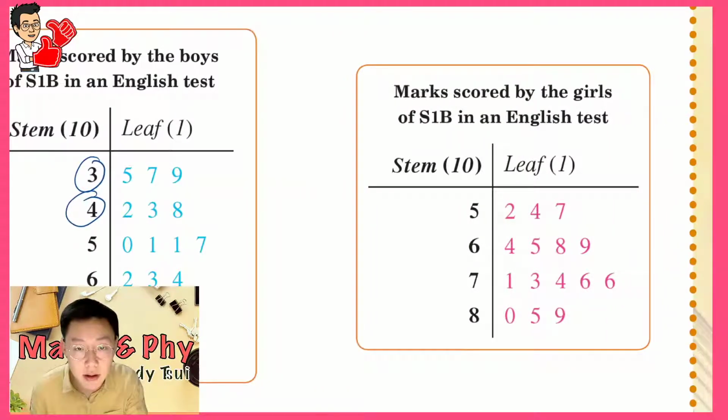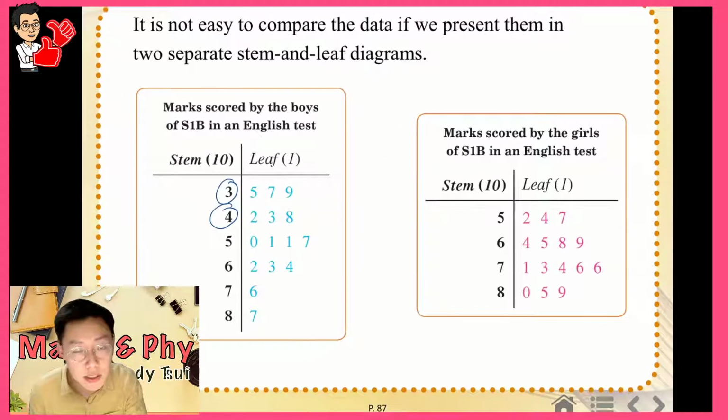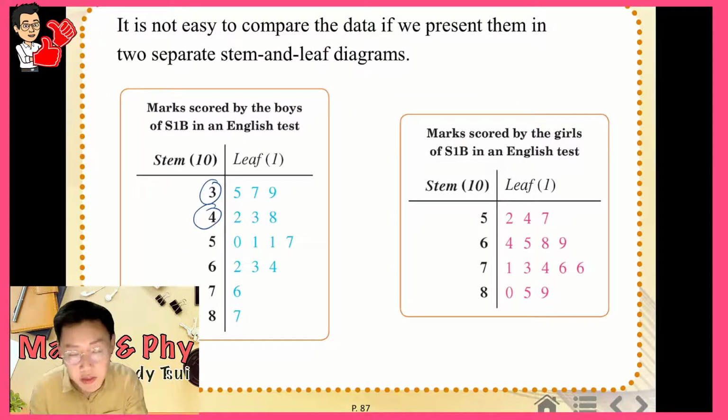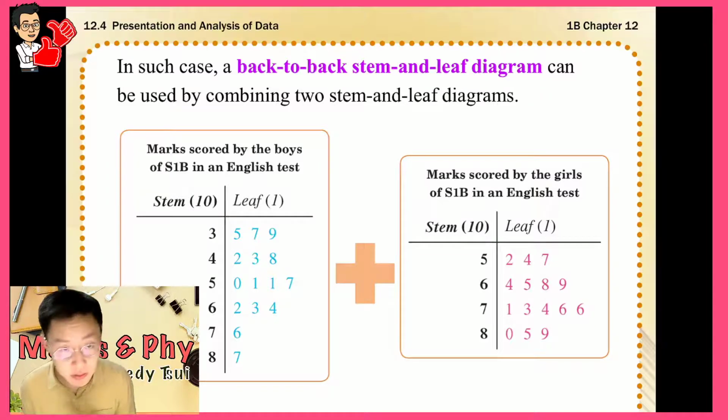However, the right-hand side does not have 3 and 4, so it is not easy for us to compare the results of boys and girls. Now we try to combine these two stem-and-leaf diagrams together to become a back-to-back stem-and-leaf diagram, and hope we can compare the results of boys and girls.